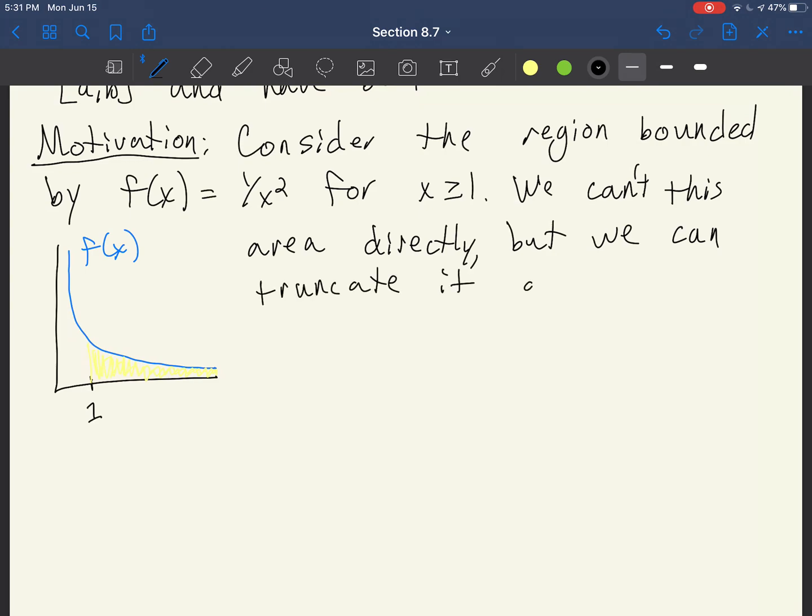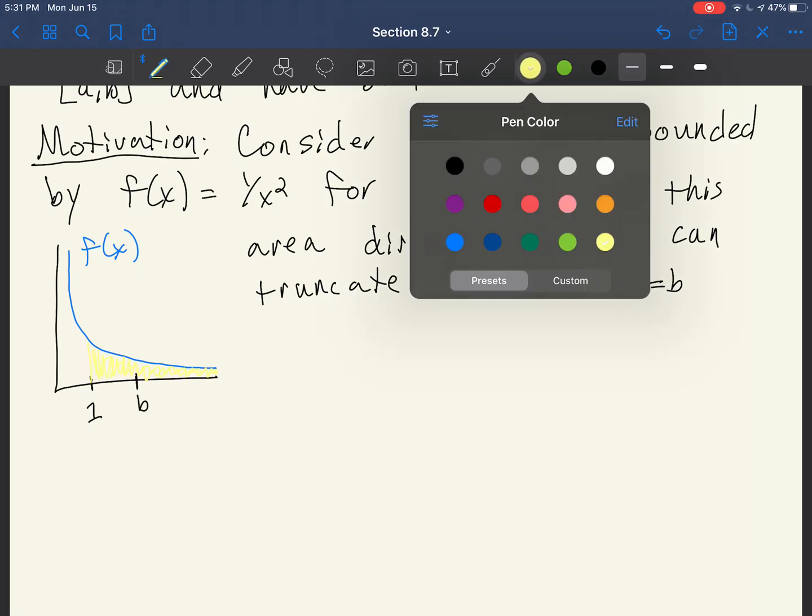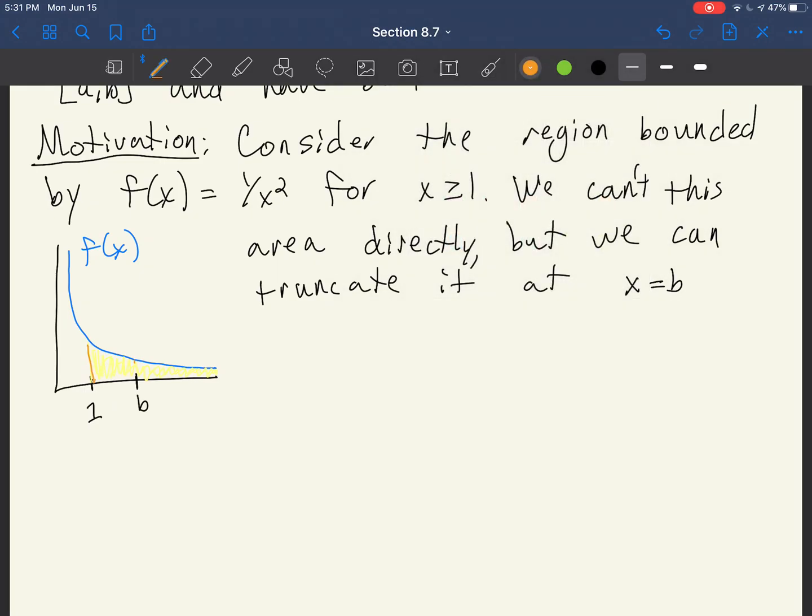But what we can do is we can truncate this area. We're going to truncate it at x equals b. The reason I made that hard to see was so that when I come here, you can actually see this. And we're going to find this area, and find the corresponding area.